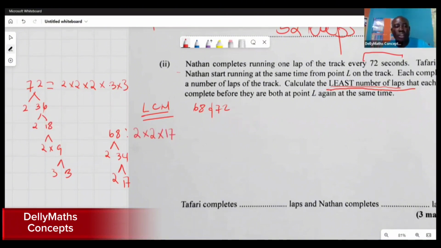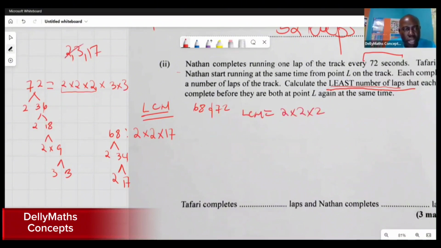Now what we're going to do is utilize these numbers. The numbers are 2, 3, 17. Which one of these numbers has the most of each? And you take that. For example, if you're looking at number 2, I'm seeing three 2s here compared to just two. So the three will win. So the LCM that I'm looking for would have 2, 2, 2 in it.